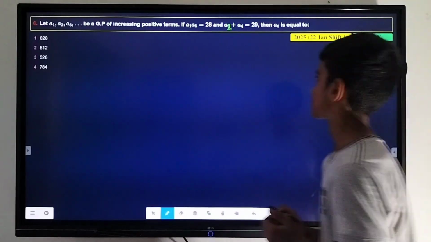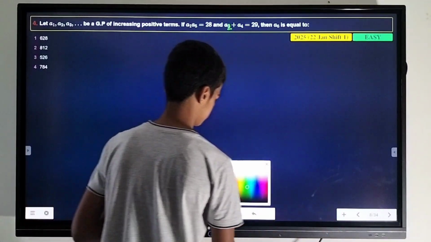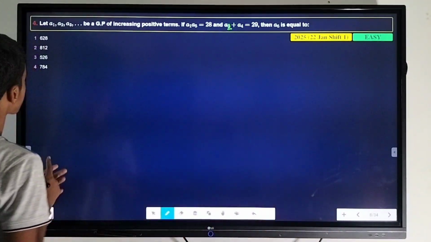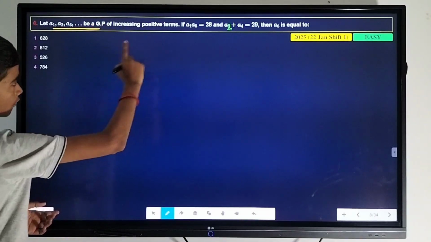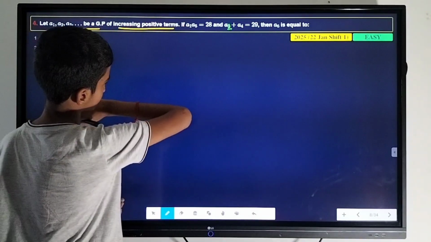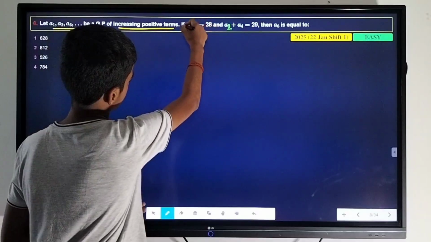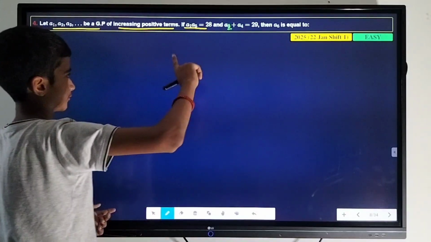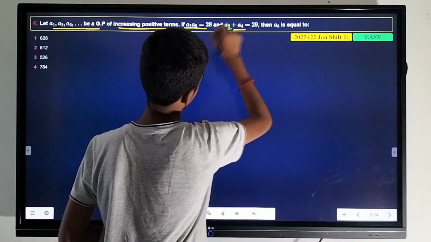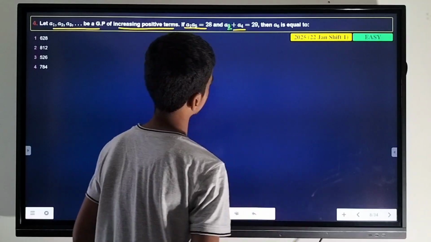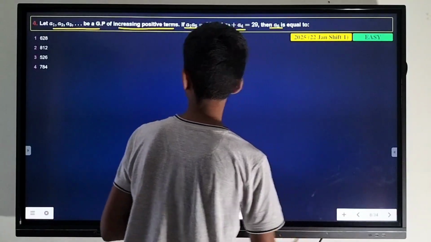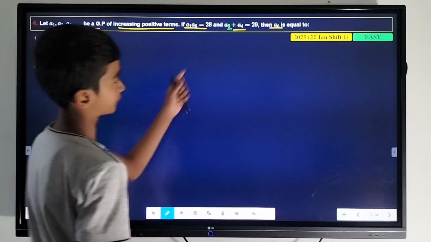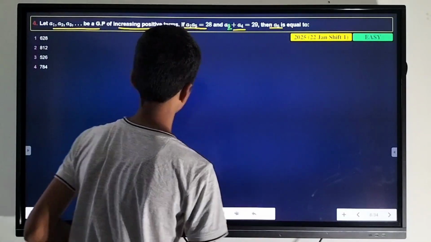Here is our next question now. Now this time our question says, here we have a GP of increasing positive terms. If A1 into A5 is equal to 28 and A2 plus A4 is equal to 29, then we have to find the value of A6.